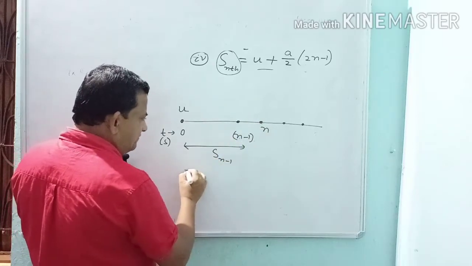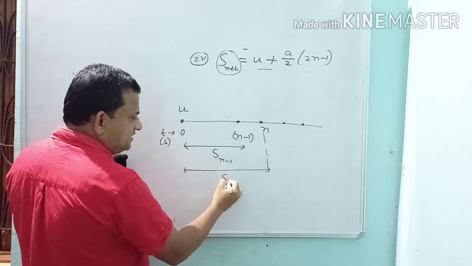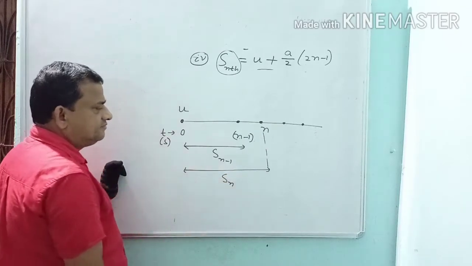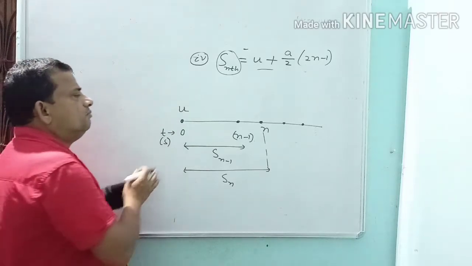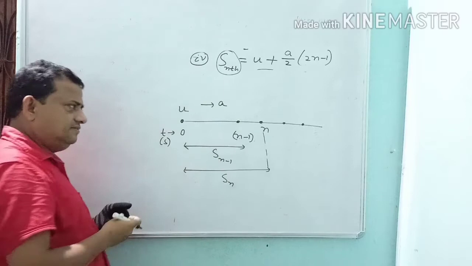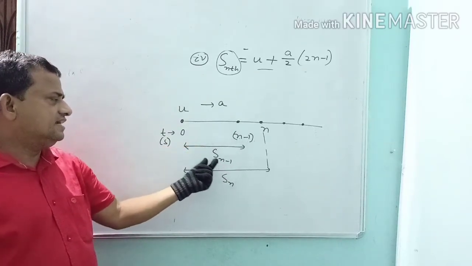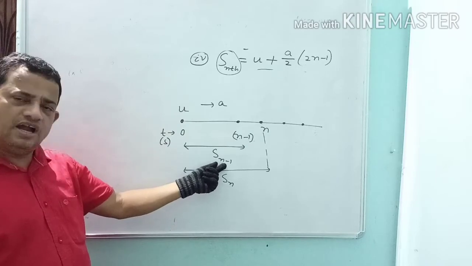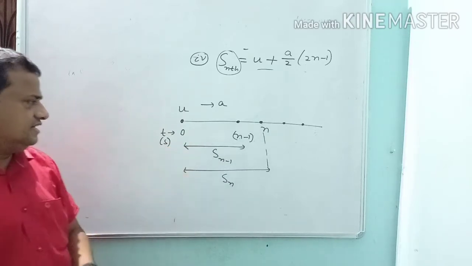In n seconds, the distance is Sn. Initial velocity is u. The body moves with a constant acceleration a. It is observed that in n − 1 seconds the distance is S(n−1), and in n seconds the distance is Sn.